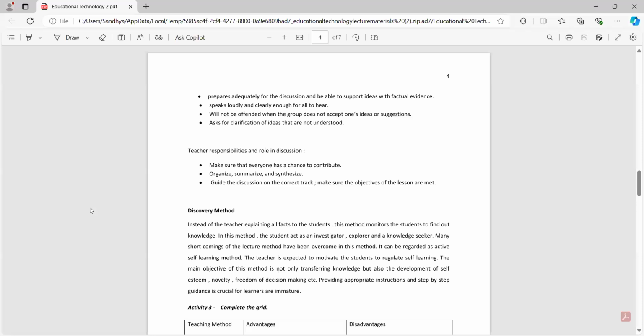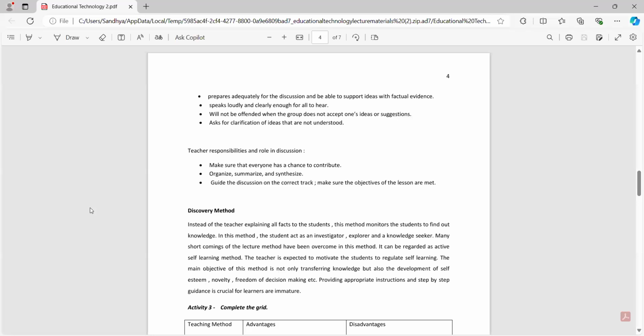And when organizing a discussion, the teacher has to make sure that everyone gets an opportunity to talk and contribute. The teacher has to organize and carry out the discussion and synthesize, put two and two together and provide the final outcome of the discussion.